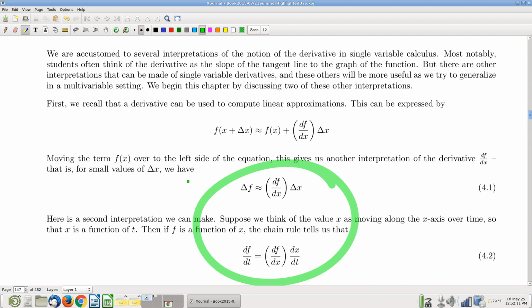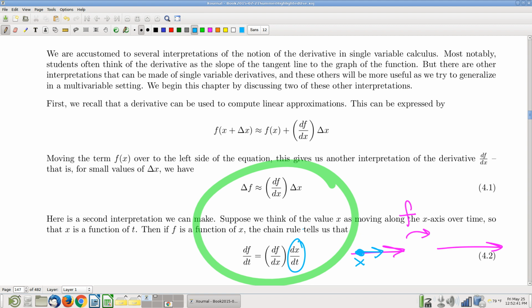Okay, let's look at the chain rule. Y'all remember the chain rule here. There are different ways to write the chain rule, different ways to interpret it. Here, I'm thinking that we've got some function, f. Notice I'm not drawing a graph. And I'm considering that I've got some point x in the domain, and it's moving with some velocity, dx/dt.